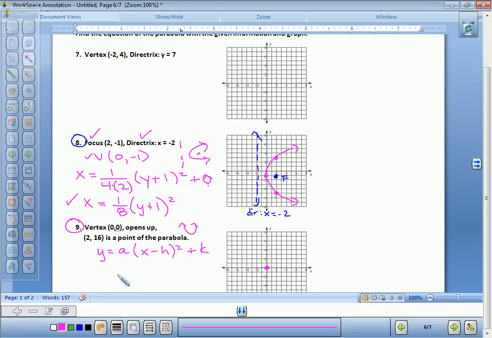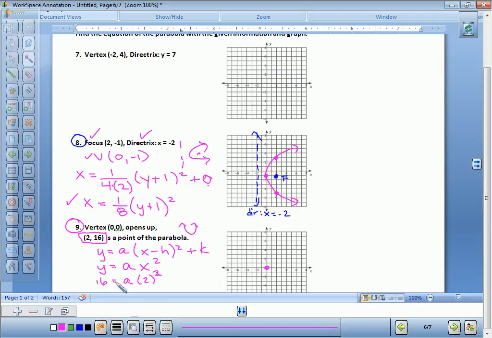But we can figure out A. We know because it's at 0, 0, that this turns to 0 and that turns to 0, so that's the equation. Y equals A times x squared. And then they also give us this point that is on the parabola. And so what that means is, if I plug in 2 for x, I will get out 16 for y.